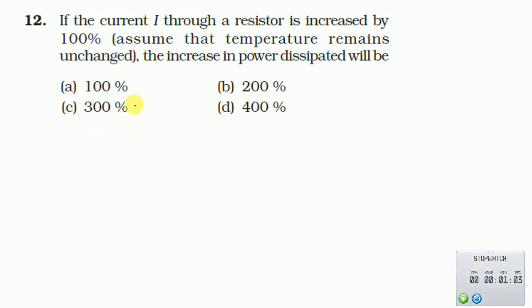It is saying that the current is increased by 100%. Previously the current was I. Now the current is changed to I dash. I dash is I plus 100% of I, and 100% of I is again I. So we get 2I.